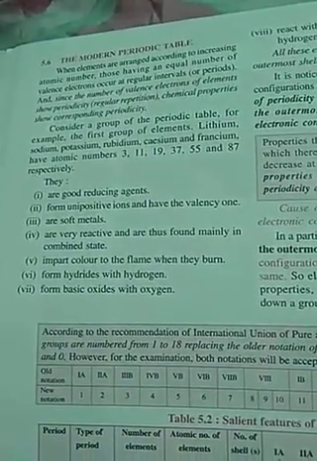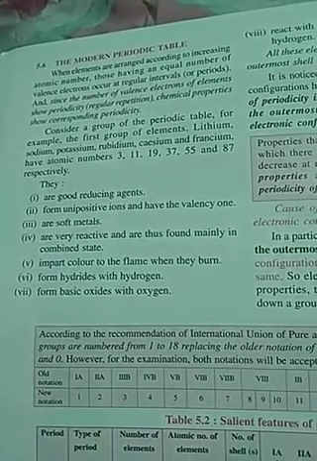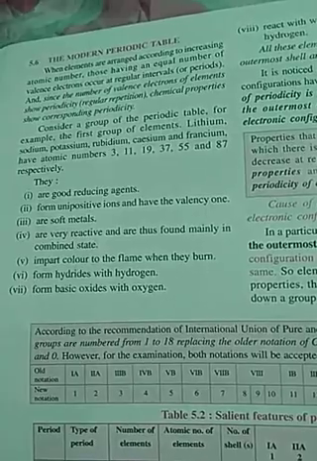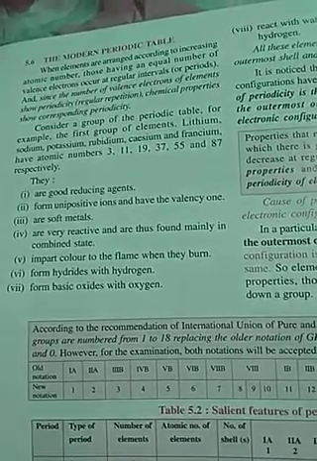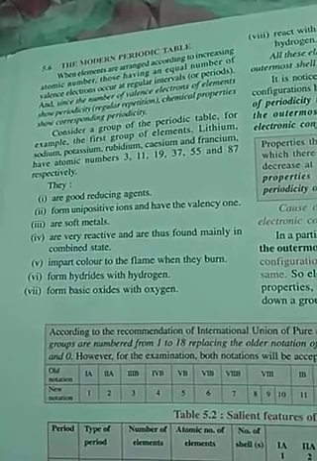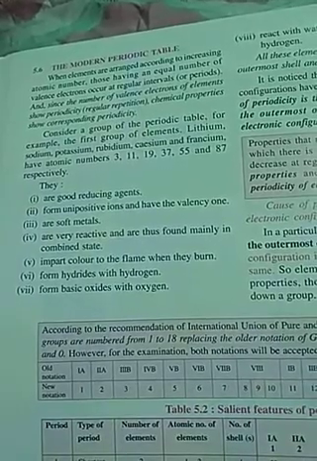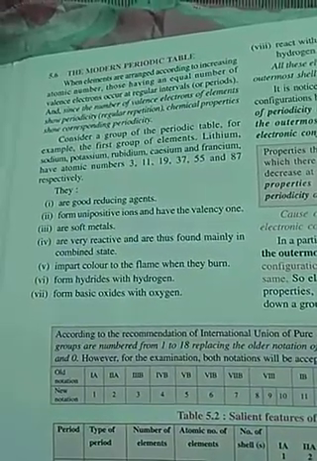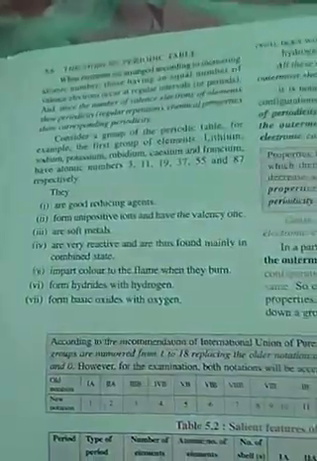Since they have only one electron in the valence shell, they very readily lose their valence electron. As a result, they are very reactive, and since they are very reactive, they are not found in nature in free state. They are found in the combined state.